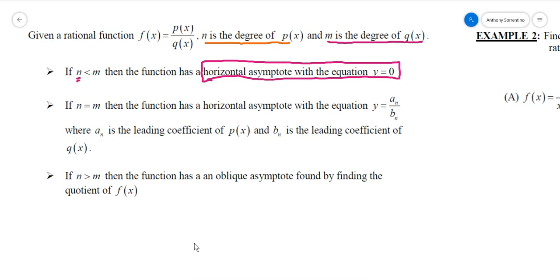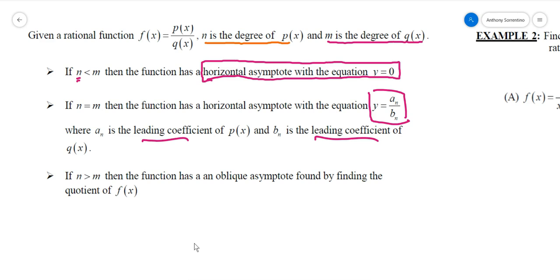If they're equal to each other, if I find the highest power of x on top, find the highest power of x on the bottom, and see that they're the same degree, then what I do is I take a ratio of the leading coefficients. Again, I have to make sure I identify the leading coefficients correctly, because sometimes you might be given functions on the numerator and denominator that are not written in standard form.